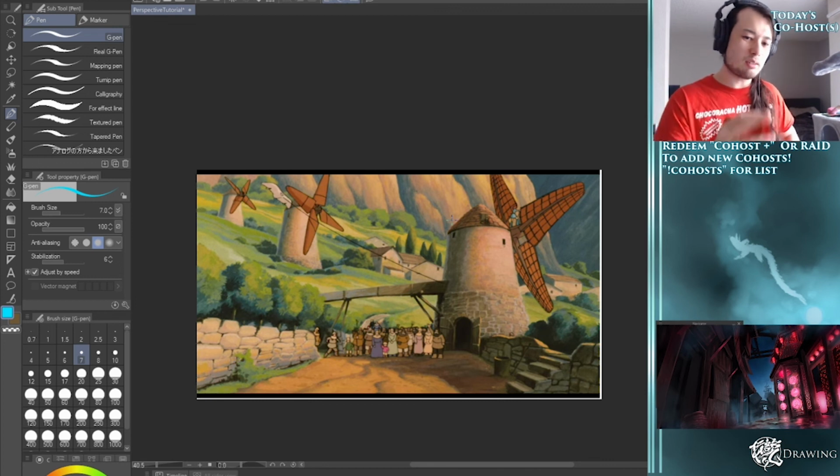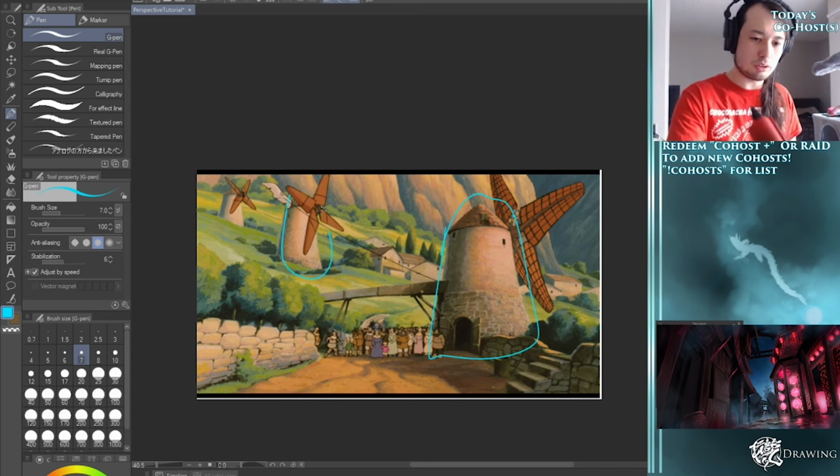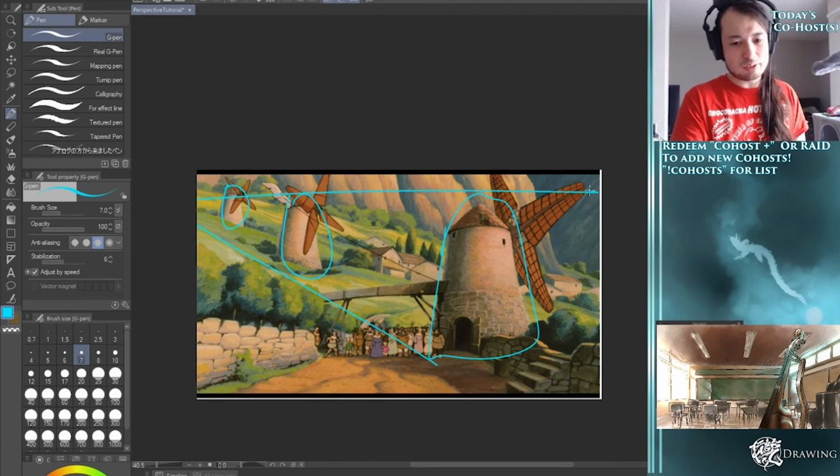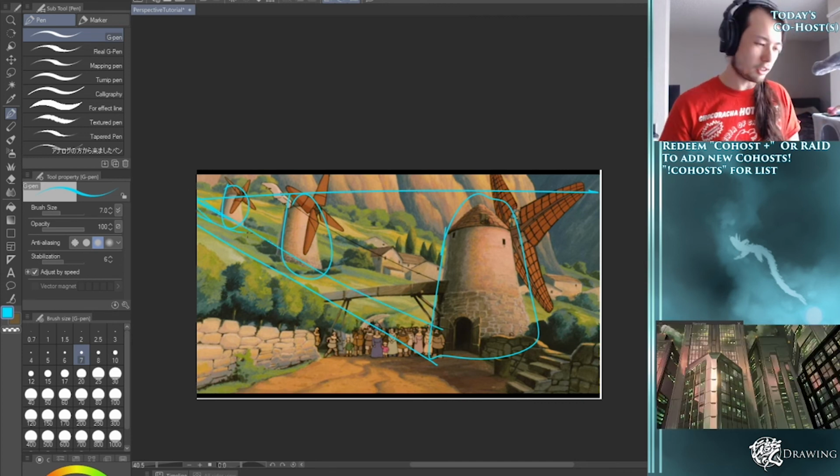Remember how we were talking about generalist perspective? We see these windmills, and they're getting smaller. So I ask you, is that to say that the perspective is this way? Are the convergences over here? No! The convergences are not over there.